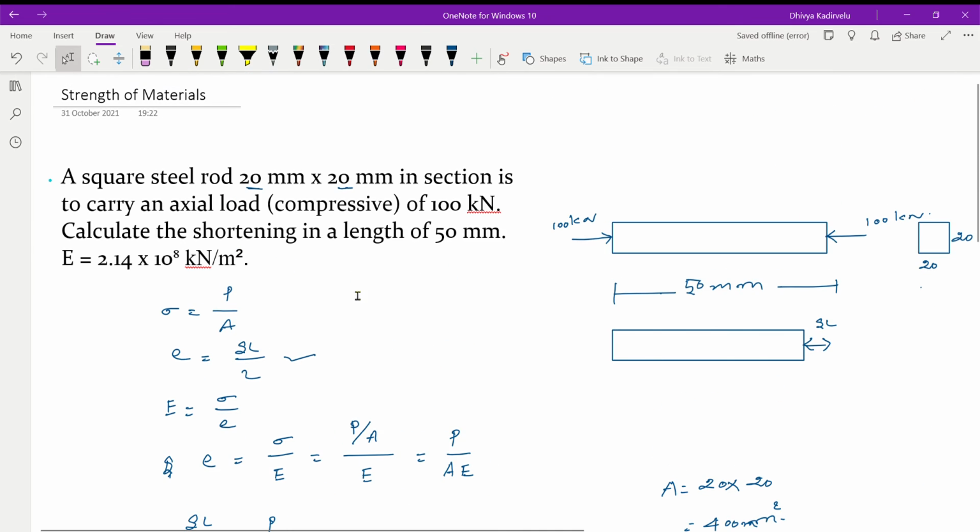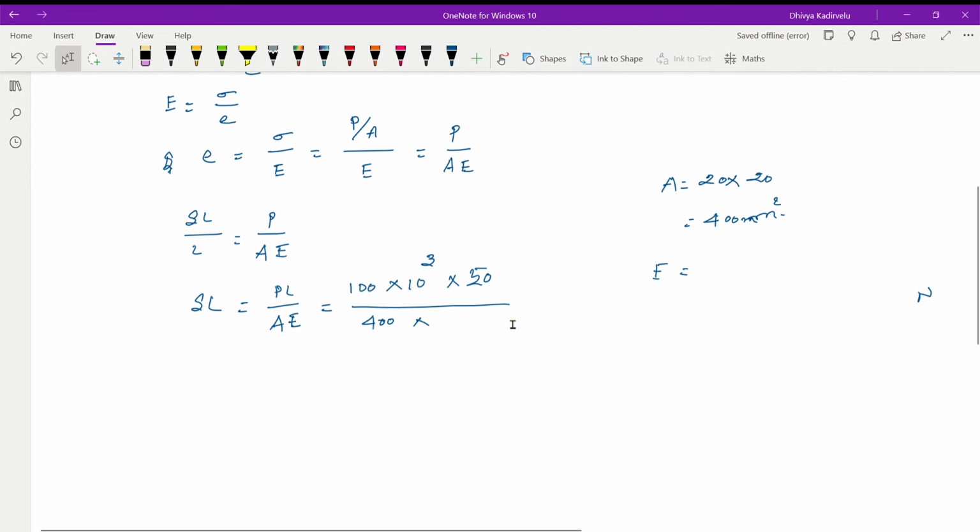The area of the cross section is 400 mm square, and the Young's modulus value is given in the question. What is the Young's modulus value? 2.14 into 10 power 8 kilonewton per meter square, right? So E is equal to 2.14 into 10 power 8 kilonewton per meter square. I want to convert this kilonewton into Newton and this meter square into millimeter square.